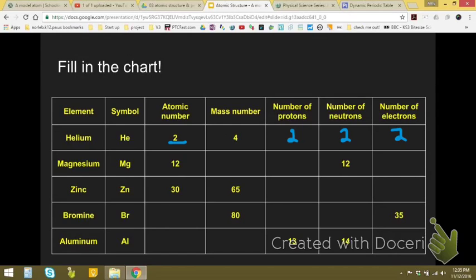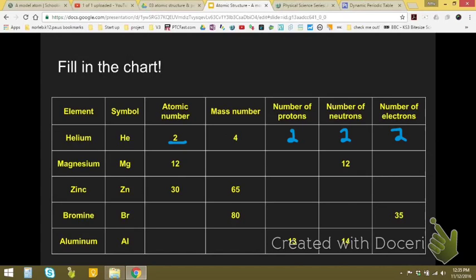Now let's look at magnesium. Magnesium has an atomic number of 12, so if you look in a periodic table, you would find number 12 in the order of the rows, and then we can take a look at where that should be. This tells me that magnesium also has 12 neutrons, which is not always going to be the same as its number of protons.